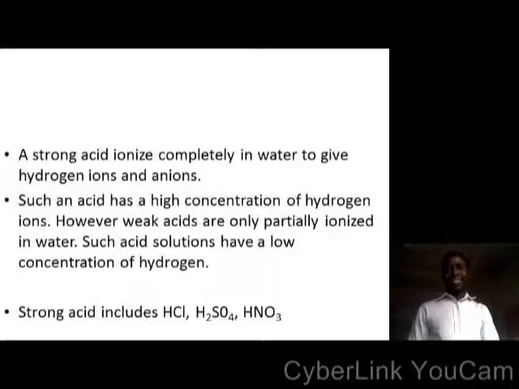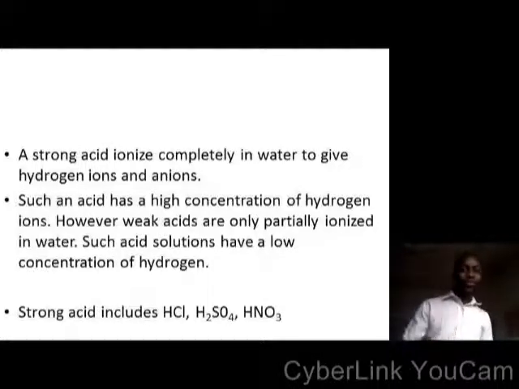Strong acid ionizes completely in water to give hydrogen ion and an anion. Such an acid has a high concentration of hydrogen ion. However, weak acids are only partially ionized in water. Such acid solutions have low concentration of hydrogen ion.